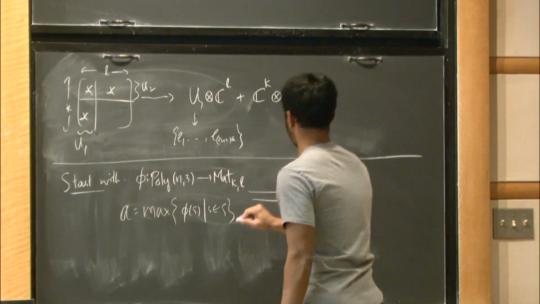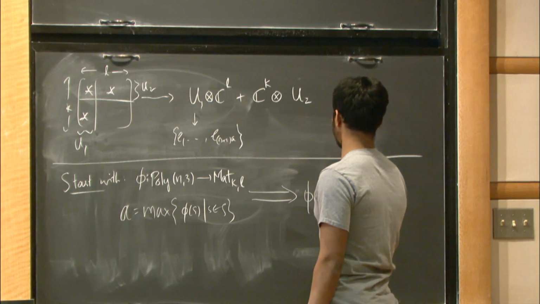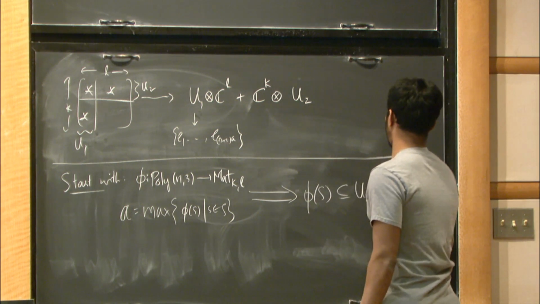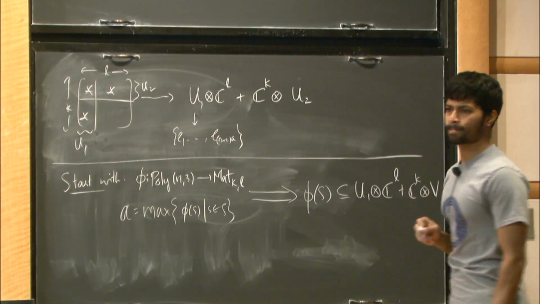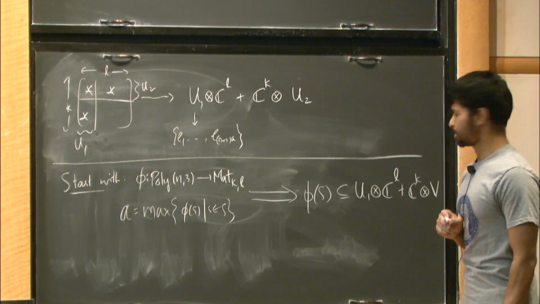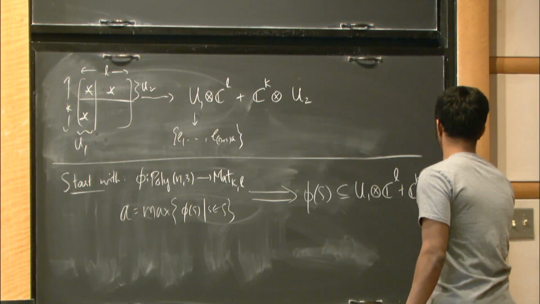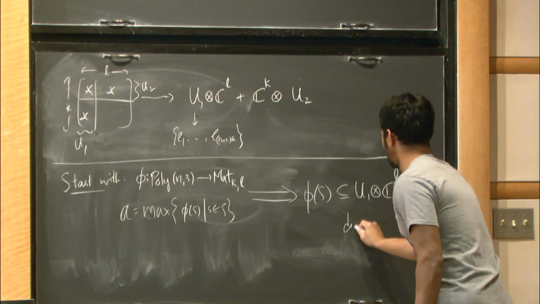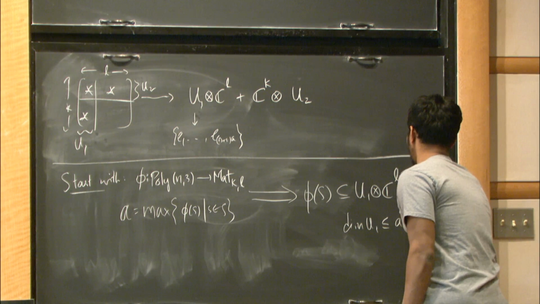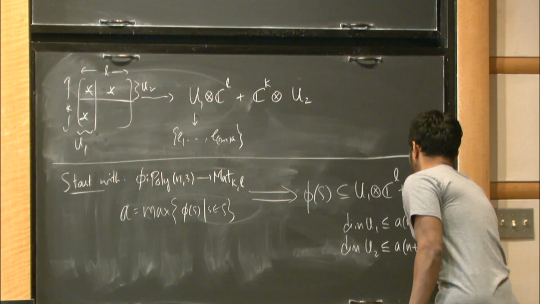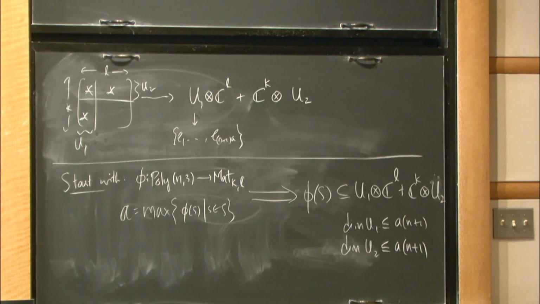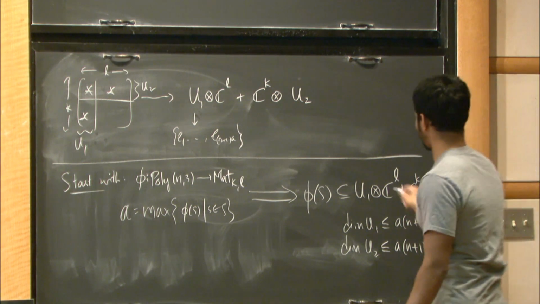Then I want to prove that the image of all the simples lies inside this guy, U1 tensor C^L plus C^K tensor U2, where the dimension of U1 is less than or equal to A times n plus 1, and the dimension of U2 is also less than or equal to A times n plus 1. Is this clear? And then this would prove the theorem, by that same argument. So this implies the theorem.